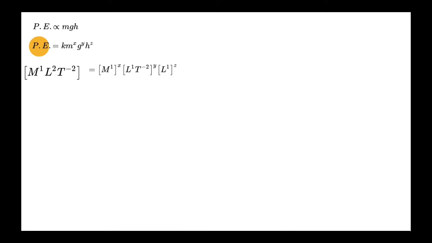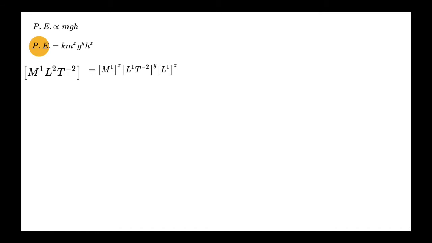Dimensions of potential energy is equal to, K has no dimensions, dimensions of mass M1 raised to x, dimensions of acceleration due to gravity means acceleration L1 T minus 2 raised to y, and dimensions of height h means length L1 raised to z. So we get this equation.